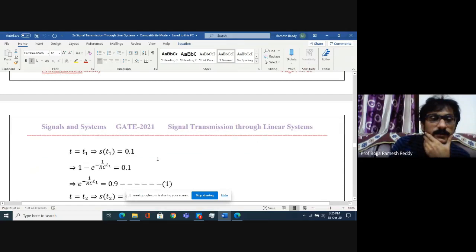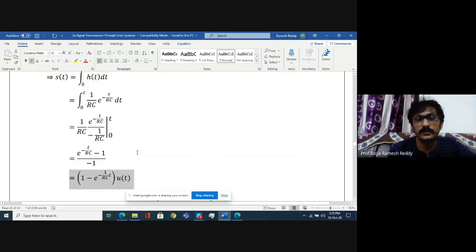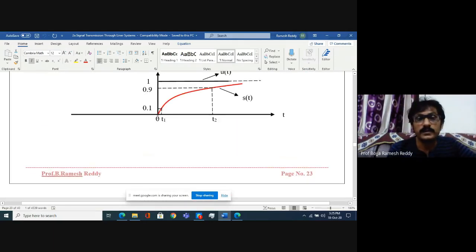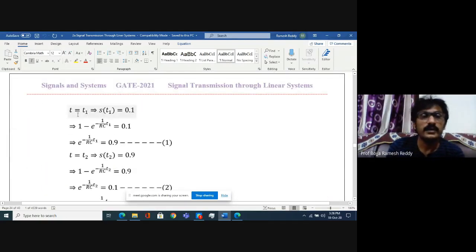At t equal to T1, S of T1, step response, is equal to 0.1. Use this condition and evaluate T1. Similarly, use t equal to T2. Substitute t equal to T2 in y of t and equate to 0.9 to get T2.